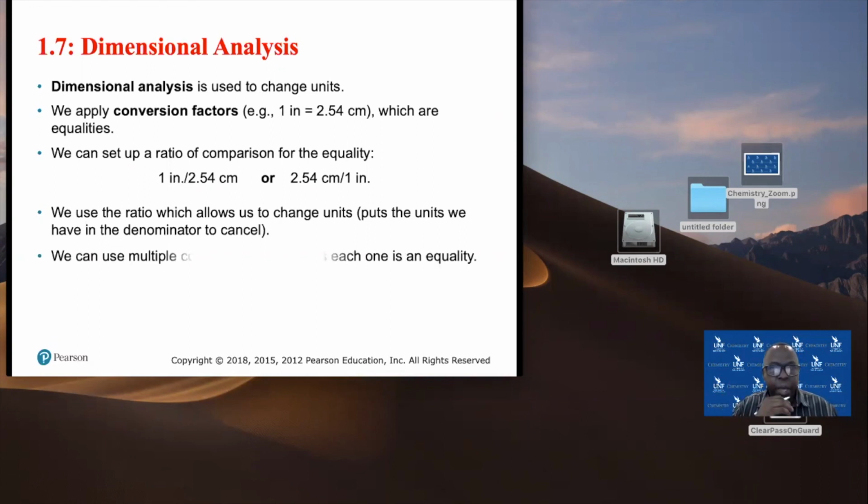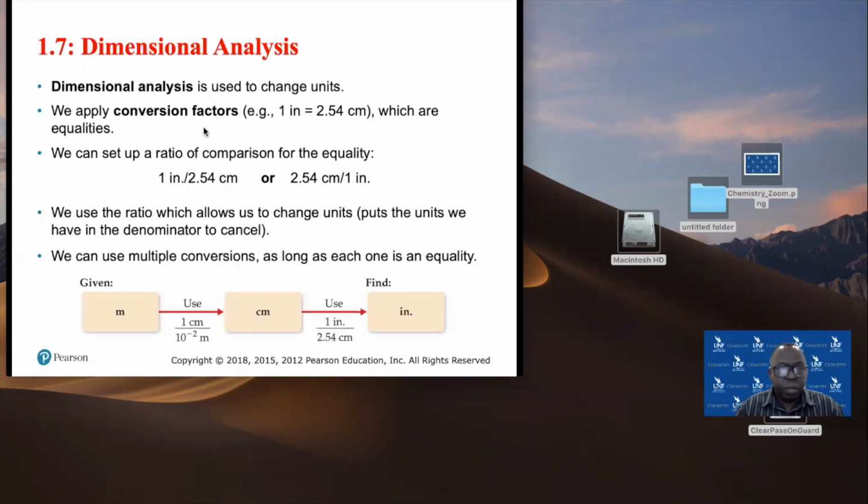You may end up making a mistake in setting up your problem in dimensional analysis. If you have unit 1 and you are asked to go to unit 2, you use a conversion factor. So these are conversion factors, and the roadmap you see here constitutes what we call dimensional analysis.